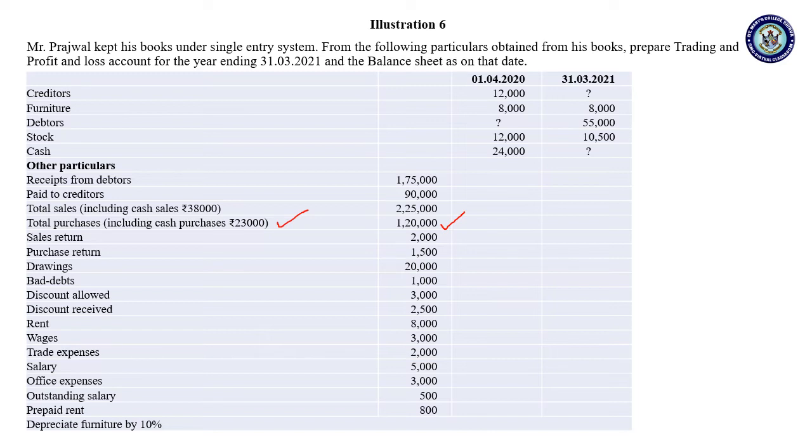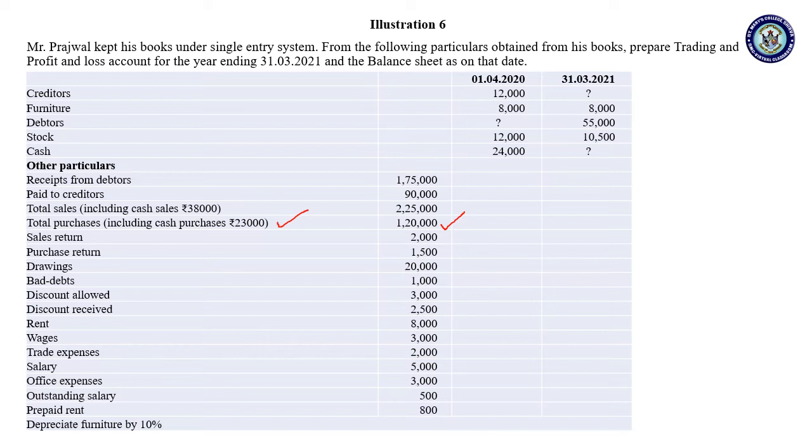Whenever you pay the expenses, cash goes out. So what is the journal entry? Expense should be debited, cash to be credited. So rent account debit to cash, wages account debit to cash, trade expenses debit to cash, salary expenses debit to cash, office expenses debit to cash.